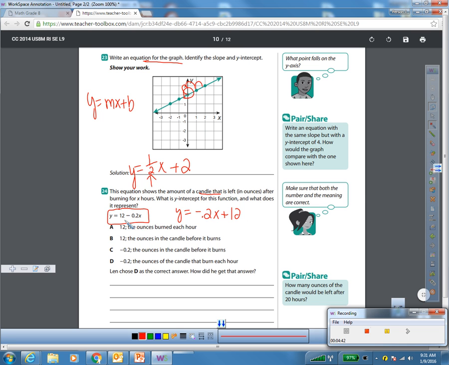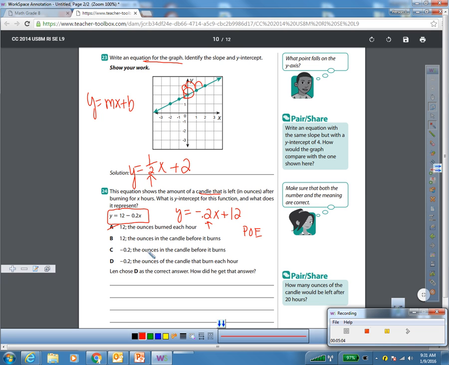So if we look through all of our options, let's use the process of elimination. Okay, so 12, the ounces burned each hour. No, this is how much it burns each hour, 0.2 ounces. So that one's out. 12, the ounces in the candle before it burns. Well, yeah, that would make sense, but let's look at our other options. So that's a possibility.